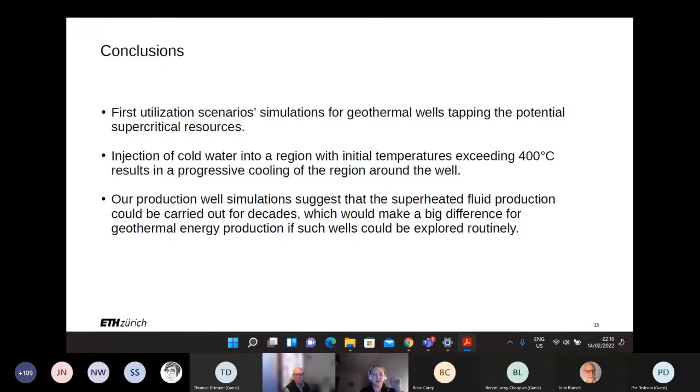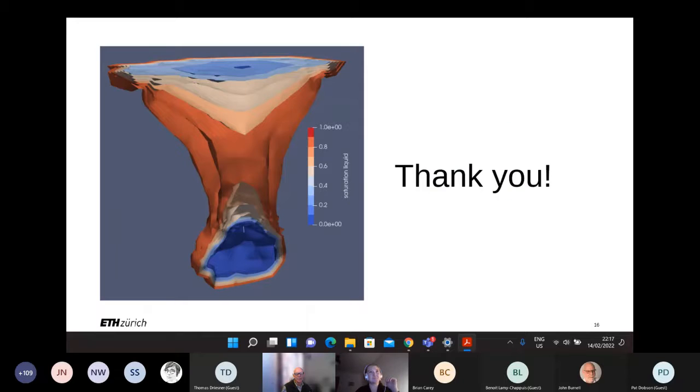And the second reason is that we have 10^-15 square meters background permeability. So in the future, we plan to explore the different permeability configurations and the longer completion lengths, and also to simulate different combinations of injection and production wells. So with that, thank you very much for your attention.